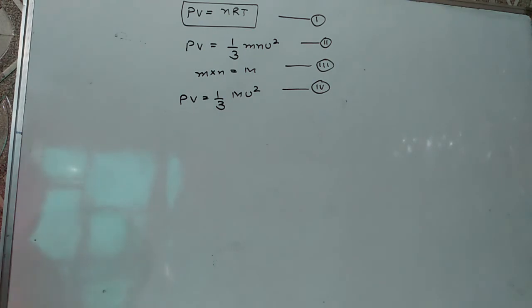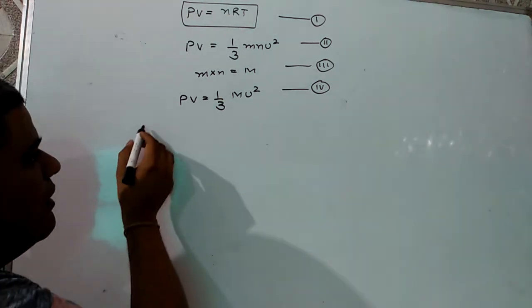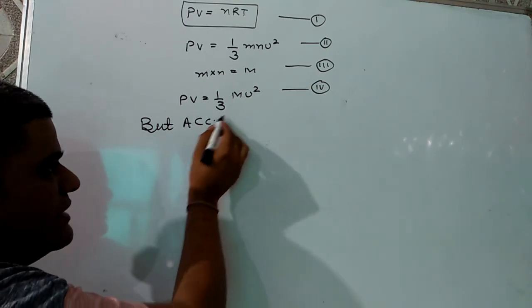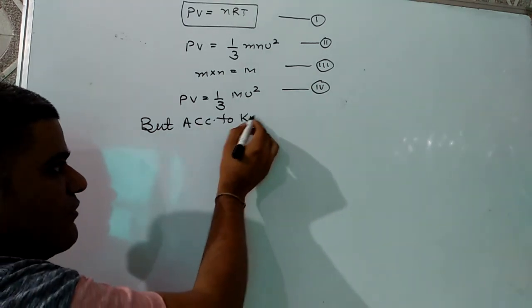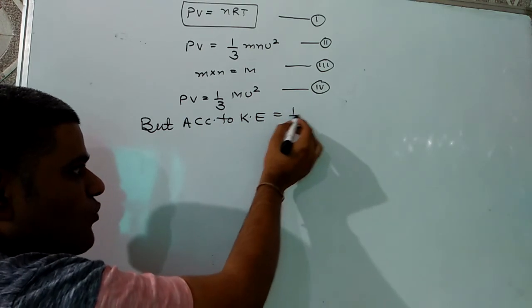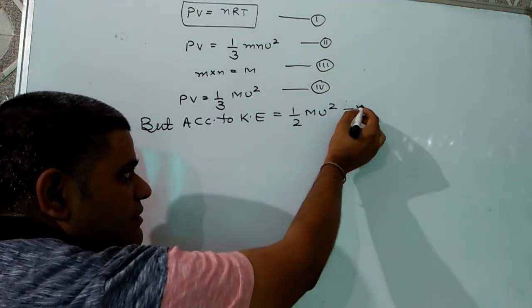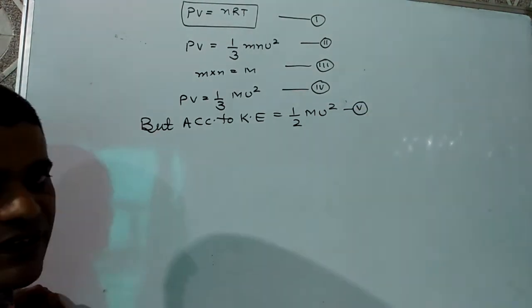Now, according to the definition of kinetic energy, we know kinetic energy is equal to 1 by 2 M u square. This is equation fifth.